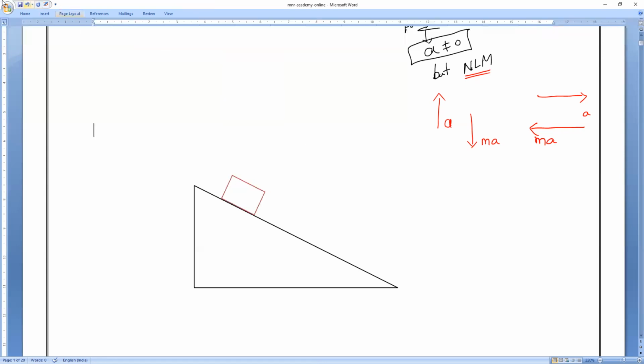What is the mass of this one, everybody? Mass of this one is small m, and the mass of this inclined surface is capital M. What is the mass of the inclined surface? Capital M. And the angle here is theta.